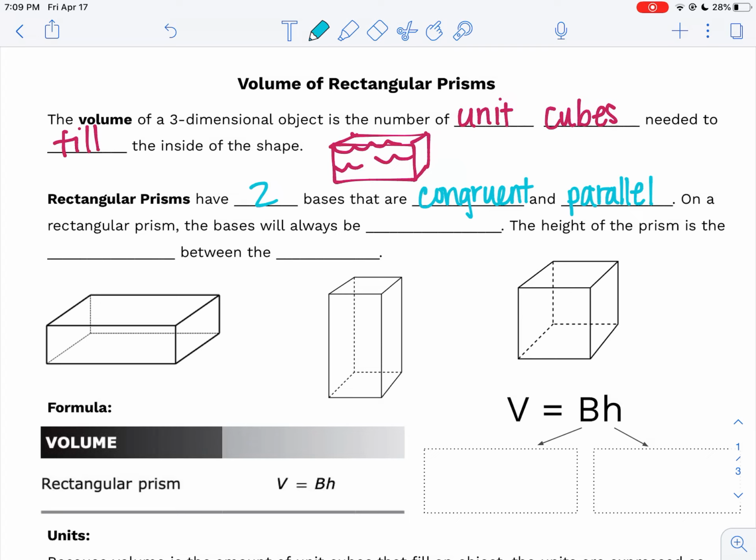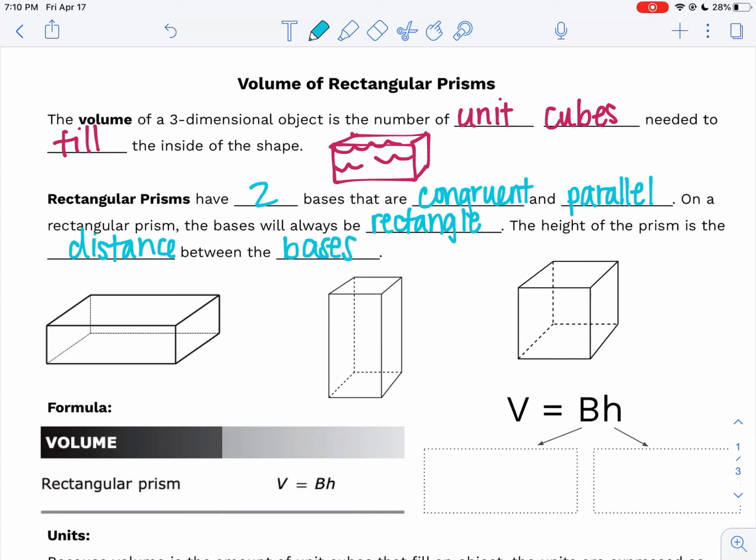On a rectangular prism, the bases will always be rectangles. That is how you know which type of prism you are looking at. If the bases are triangles, then you're talking about a triangular prism. The height of the prism is the distance between the two bases, so between the bases.